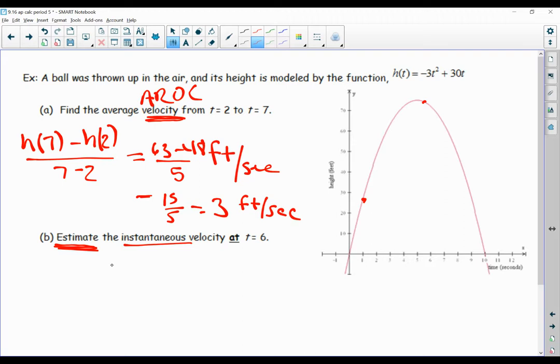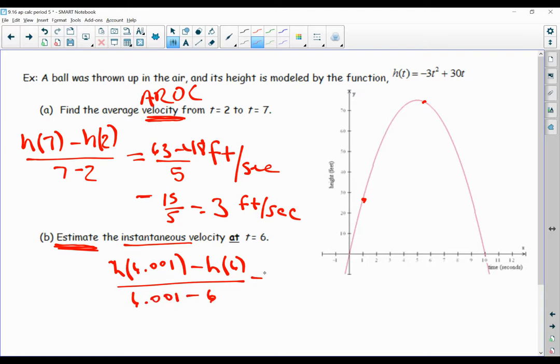okay, I'm just going to take 2 points, one of which is 6 and one of which is really, really close to 6. So you could go from like 5.999 to 6, or 6 to 6.001, or from 5.999 to 6.001. However you want to do it, I'm going to go h of 6.001 minus h of 6 over 6.001 minus 6.